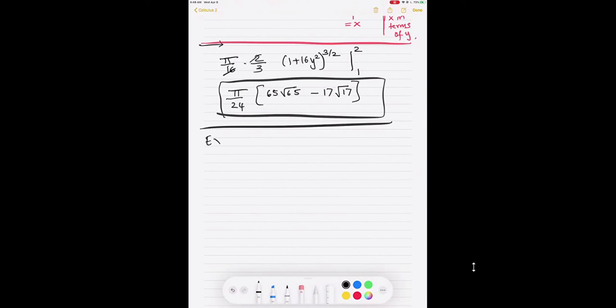So here's example 3. x equals square root of a squared minus y squared, 0 is less than or equal to y is less than or equal to a over 2. And this given curve is rotated about the y-axis.